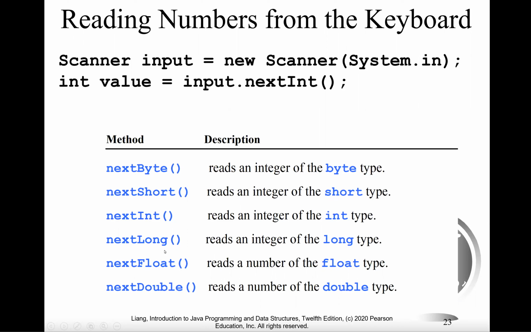It really helps you if you know the naming convention. The naming convention for method names is that the first word is in lowercase, and for all the subsequent words, the first letter of the word is capitalized. So this is spelled as nextByte, with B uppercase.